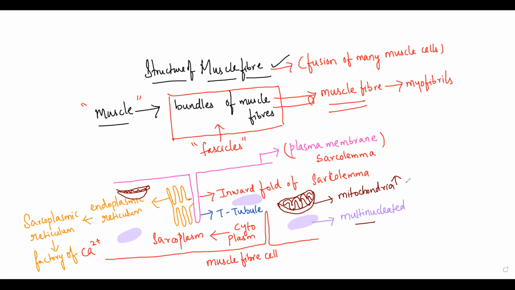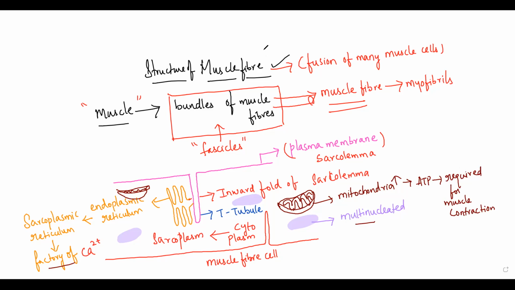What do they help in? These help in making ATP, which is required for muscle contraction. So mitochondria generate it. Next, we have the sarcoplasmic reticulum, which is storing the calcium ions here. Next, the cytoplasm, or the sarcoplasm here, is going to contain what?